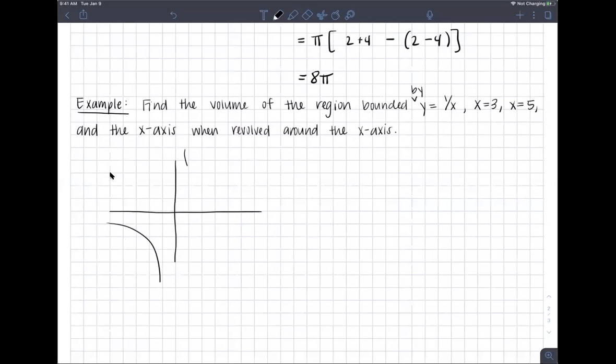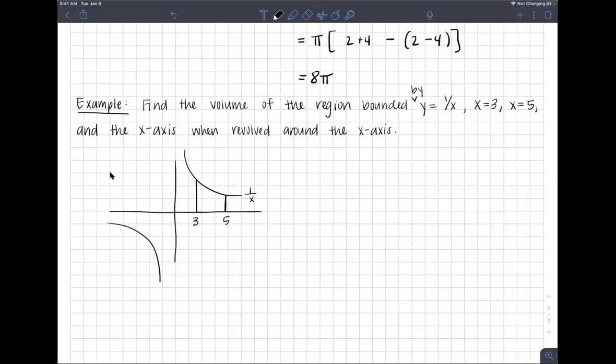And so here is the positive piece. And then let's say here is x equals 3. And then here's x equals 5. And I know that that is not at all to scale, but that's fine. And so this is 1 over x. This is 3, and this is 5.